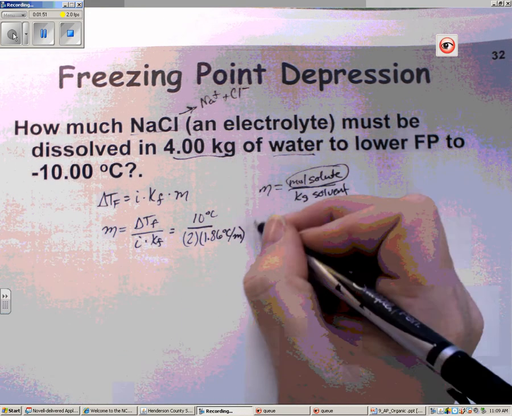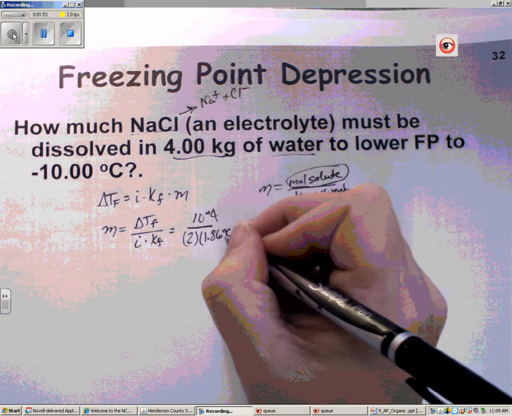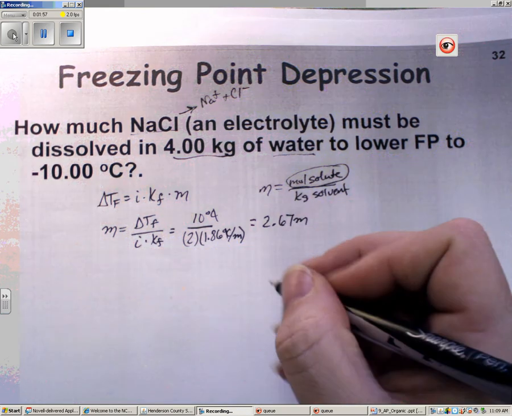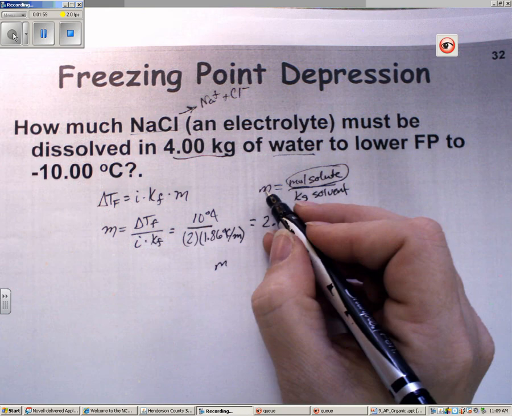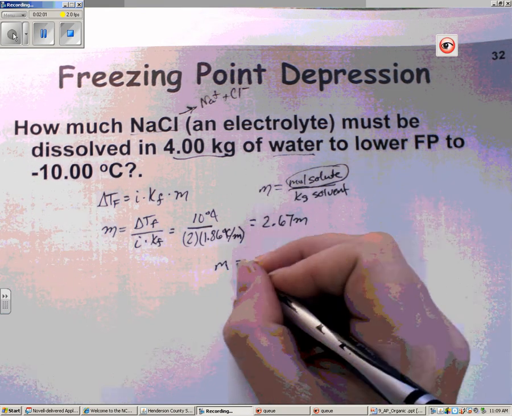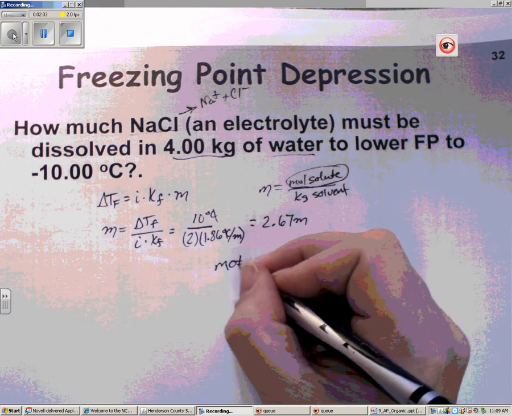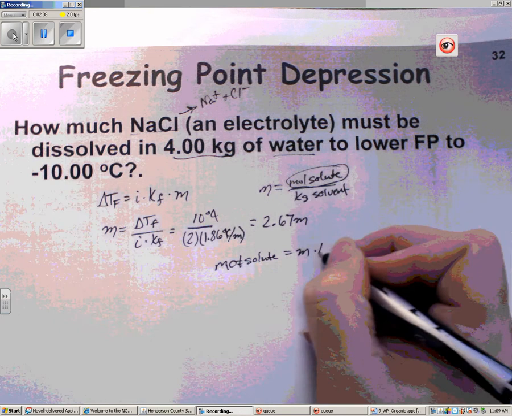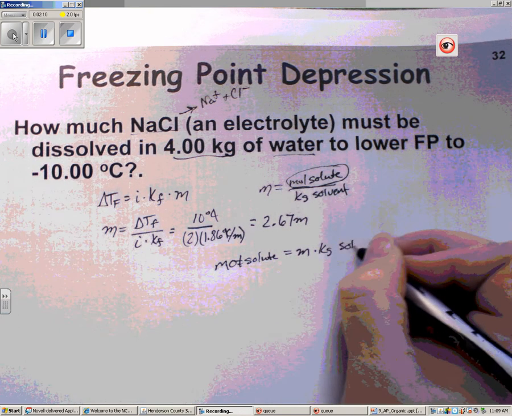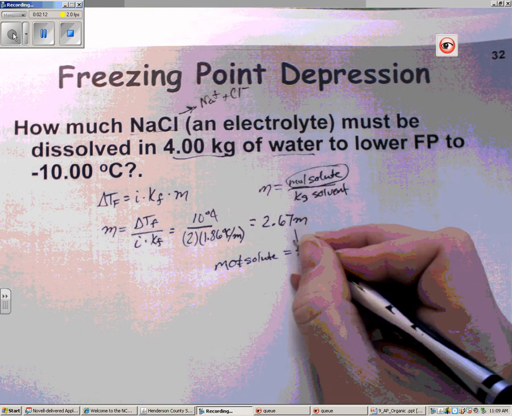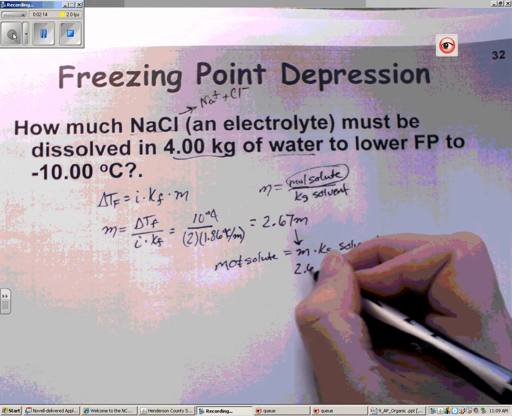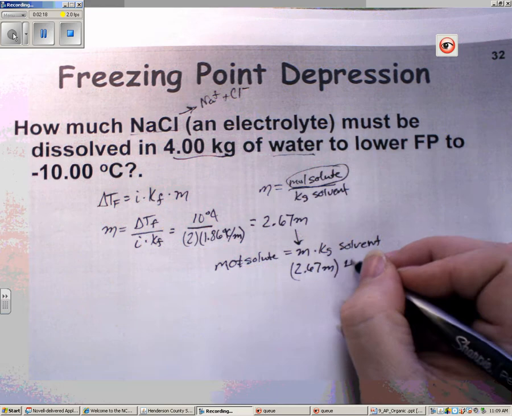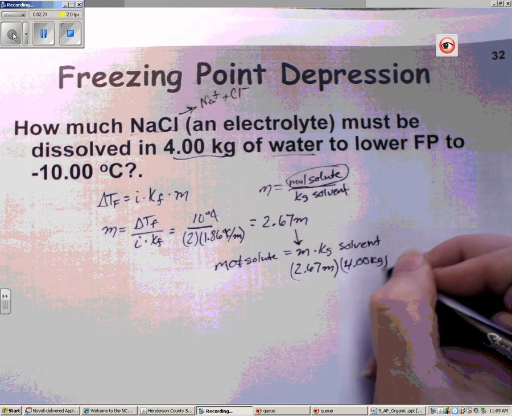All right, working with that, degrees C cancels out, and you get 2.67 molality. Now I can use this equation right here: moles of my solute is equal to molality times my kilograms of solvent. I just calculated my molality, so that's 2.67 molal times my kilograms, which is 4 kilograms of solvent.